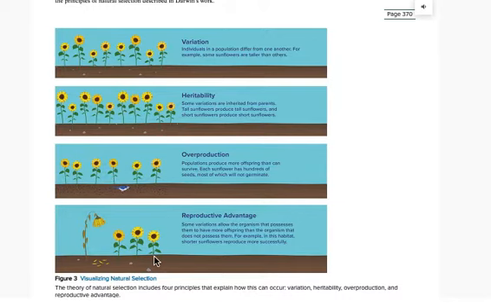And so what makes one survive and what makes one not survive gives them a reproductive advantage. I don't know what the example is with this sunflower, but let's say that this sunflower that died in this scenario got too tall and too heavy with its seeds, so it buckled over and died. So it did not produce seeds to reproduce, and it's the shorter ones that survived here.